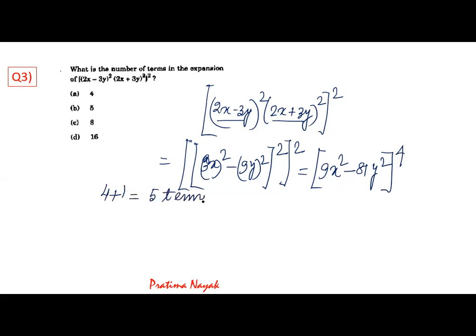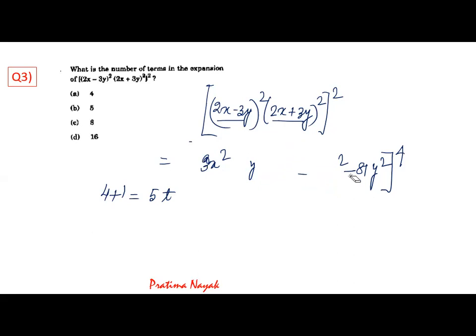Let us check whether we have done it correctly or not. First I multiply (2x plus 3y) into (2x minus 3y). That will be 2x squared, sorry, 4x squared. I think I have made some mistake. Let us check again. Are you getting it? If you are getting it, then it's okay.